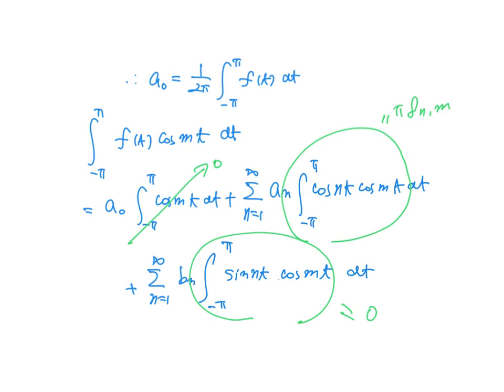Before I do this, cosine nt cosine mt. Do you remember this formula? 1/2 cosine (n plus m)t. That's what you learned in high school days.